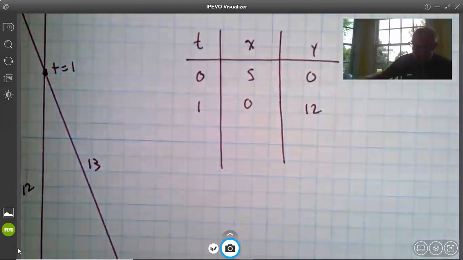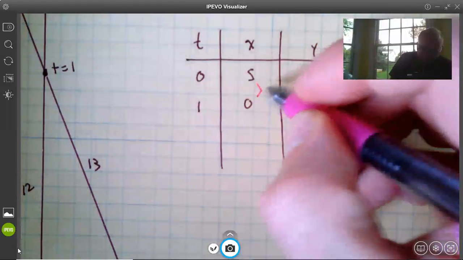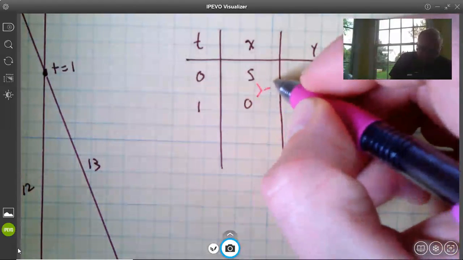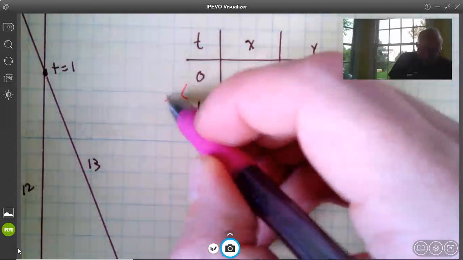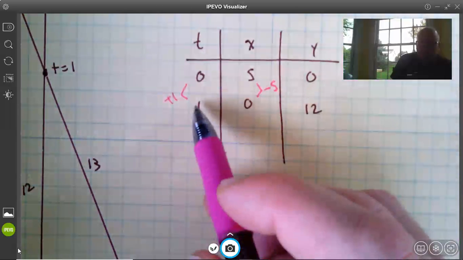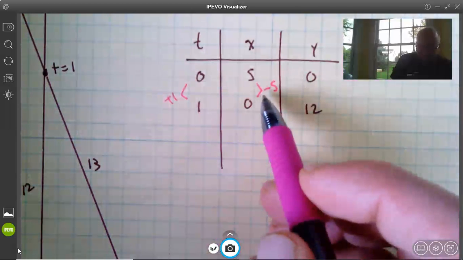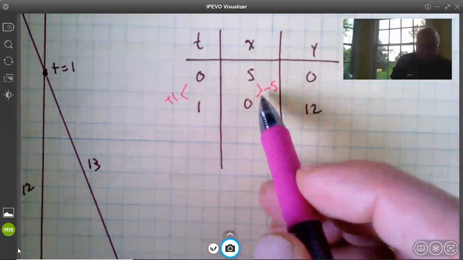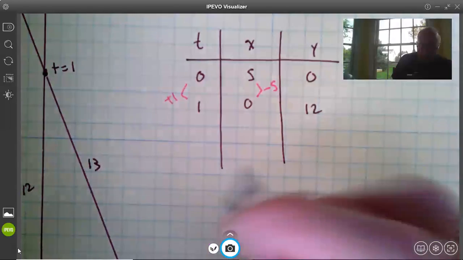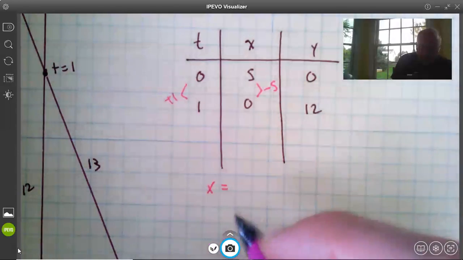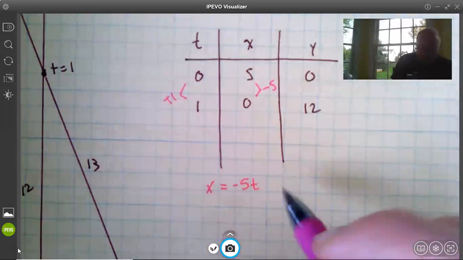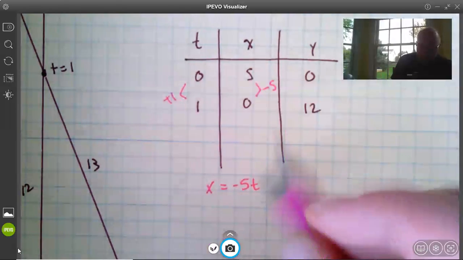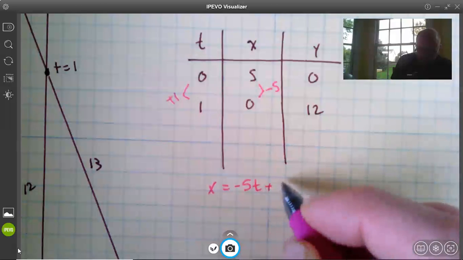Between these two, let's look at our x equation first. We go down 5 for plus 1. So our rate of change of x with respect to t is that x goes down 5 for every 1 unit we go forward. And so our x equation starts with negative 5t. And we have to include our starting point here, so plus 5.